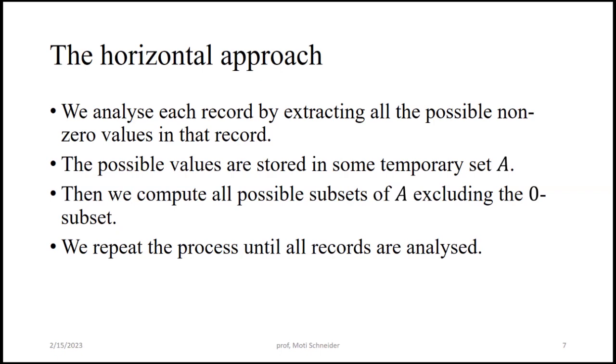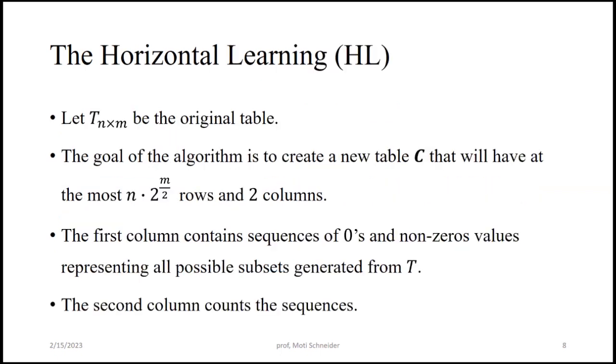So what I want to do is take you to another approach, which in my opinion is very simple, and I hope you will appreciate it. I call this approach a horizontal approach, and the reason for that is that instead of working in columns, I work in rows.